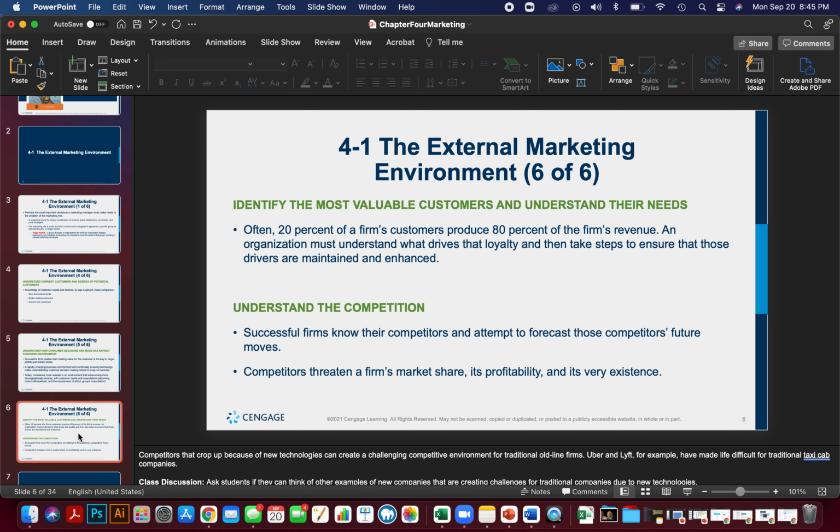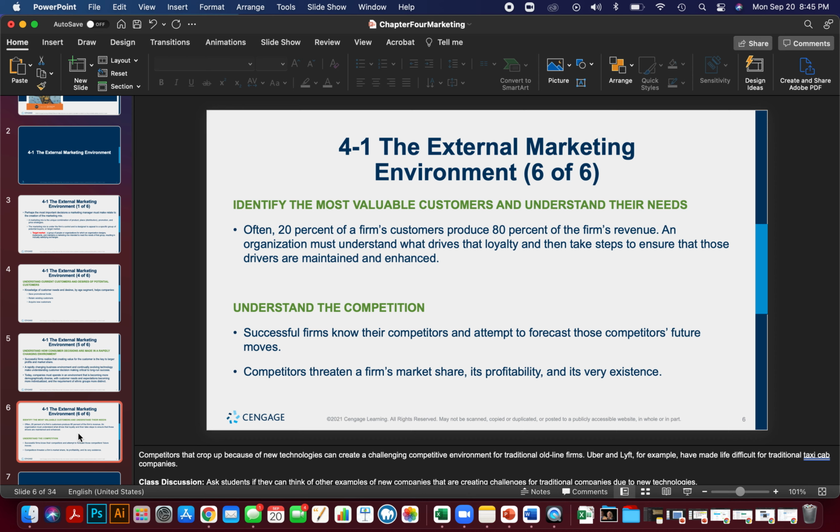Identifying the most valuable customers and understanding their needs. Often 20% of a firm's customers produce 80% of the firm's revenue. So when we talk about a target market making up a certain percentage of your business, it's important to note that 20% of a firm's customers make up 80% of their revenue.